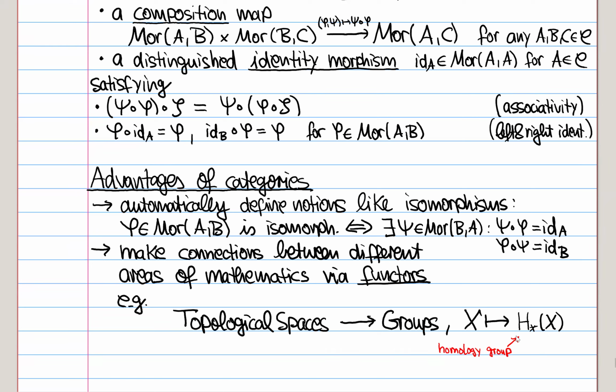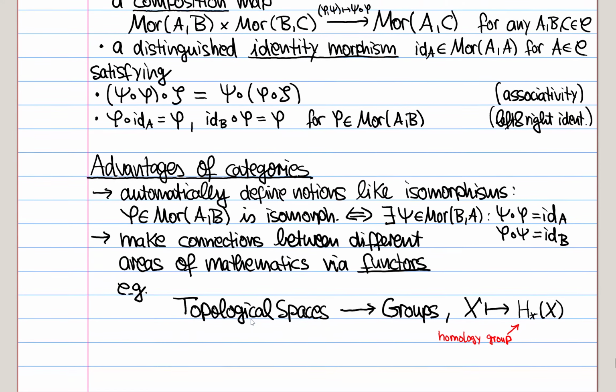If you haven't seen it, don't worry so much about it. But just abstractly, you can see that there is this H_* which takes any topological space and associates a group to it. And that means that if you have nice theorems in group theory, you can hope that maybe they tell you something about topology. So that's a very convenient language.